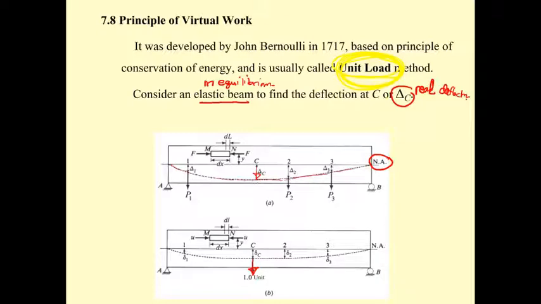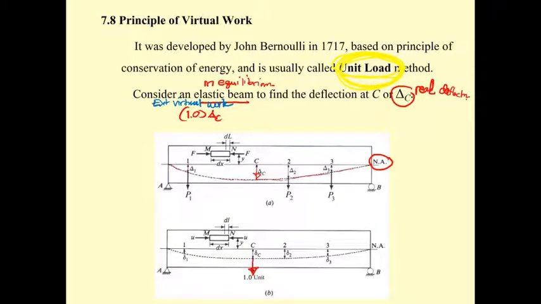You consider the force times delta C. It seems like when the force just moved delta C, you got 1.0 times delta C. And he said this can be considered as the external virtual work.